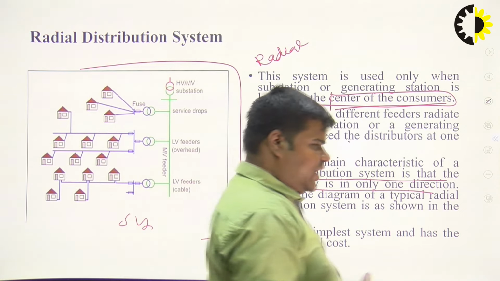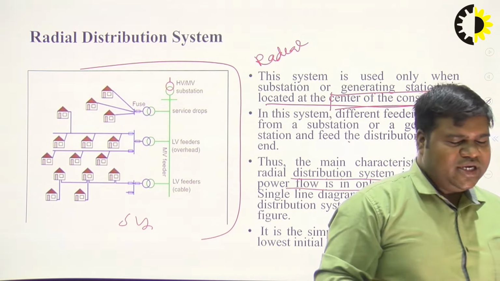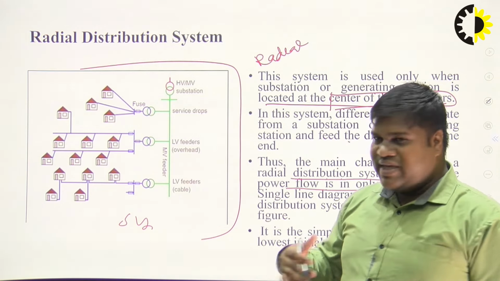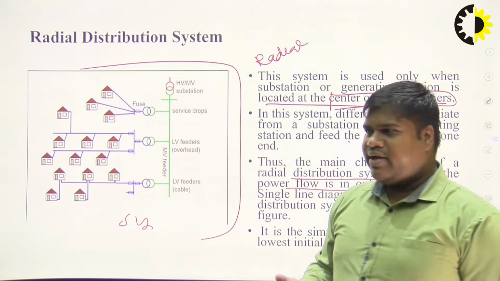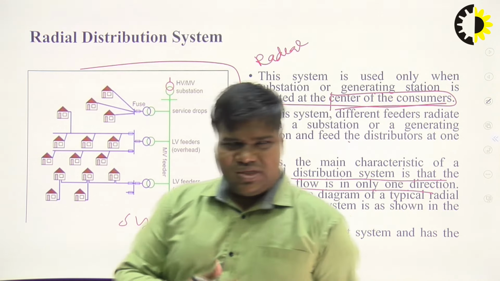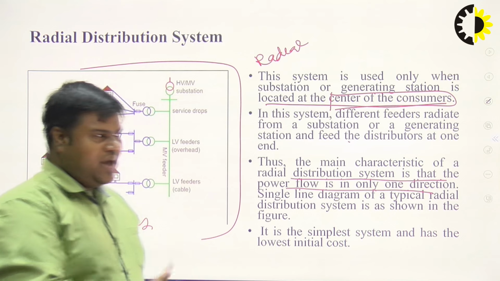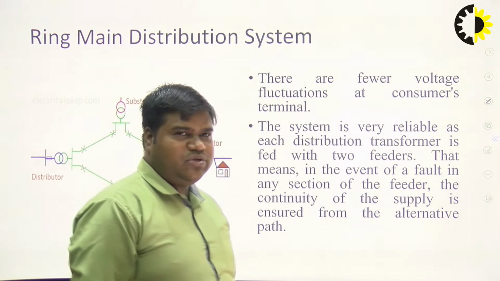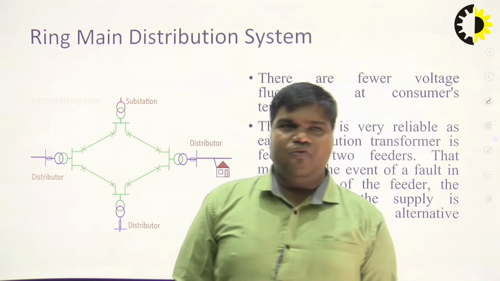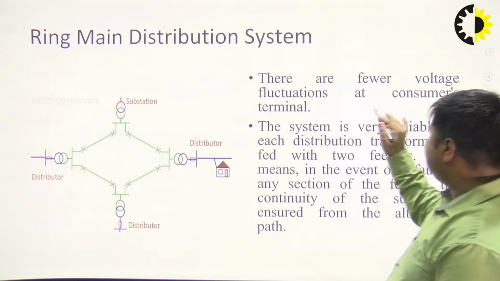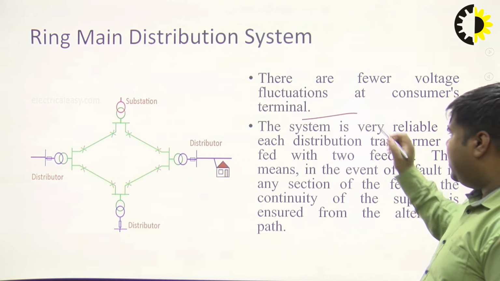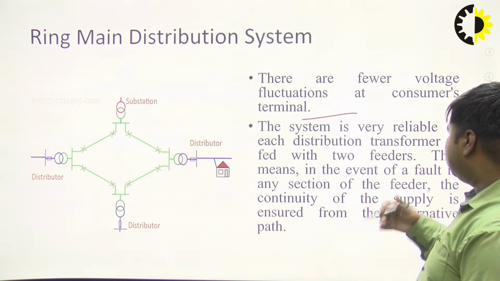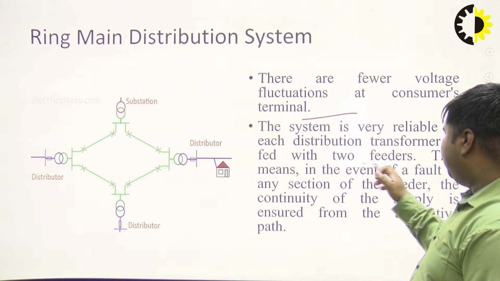These types of systems were already described in class in a structured, systematic, and detailed manner. So this is the overview. The other one is the ring main distribution system. There are fewer voltage fluctuations at the consumer's terminal. The system is very reliable as the distribution transformer is fed with two feeders.